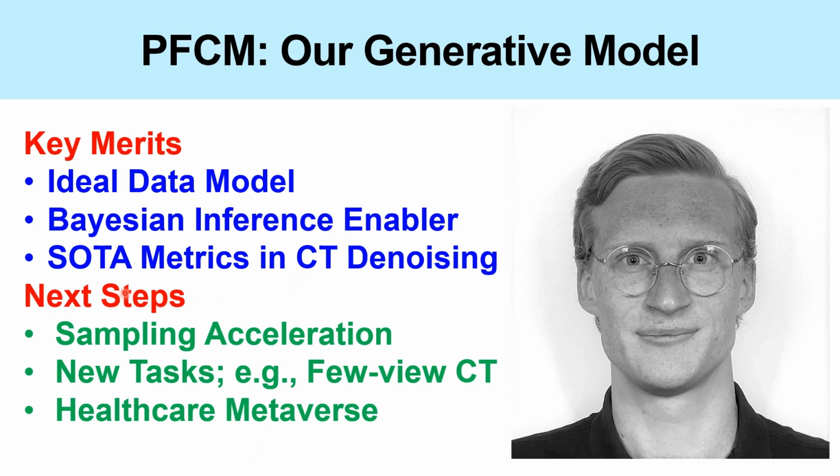And as a next step, we can try to further improve sampling speed and extend the model to new tasks, such as few-view CT with different views, 100 views, 50 views, 10 views, all using the same model. And again, this diffusion model can generate new datasets, can be used for imaging tasks, and will be a key player in the healthcare metaverse as well.